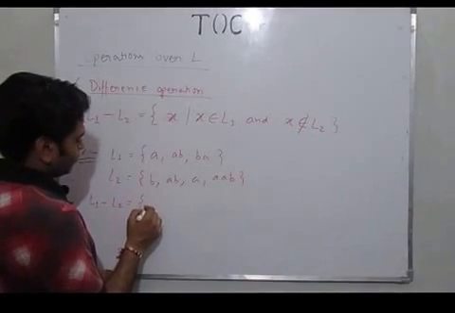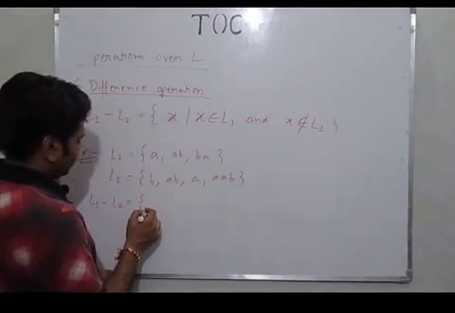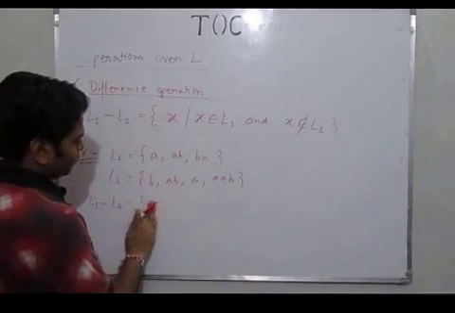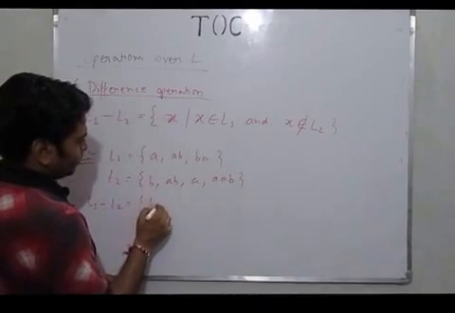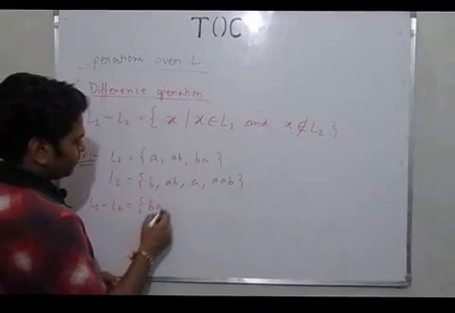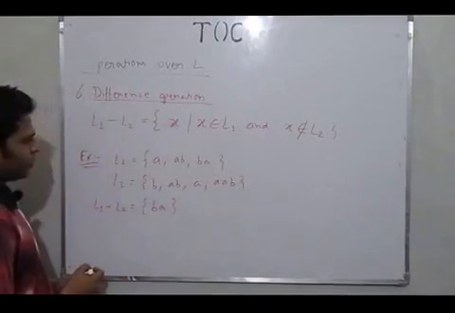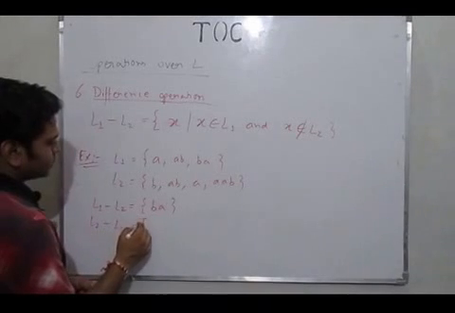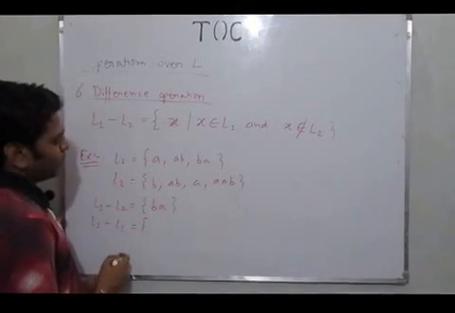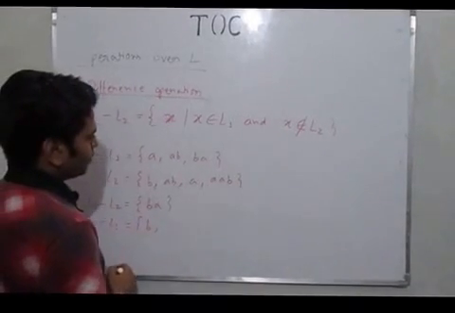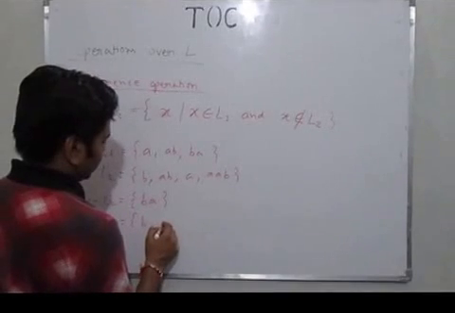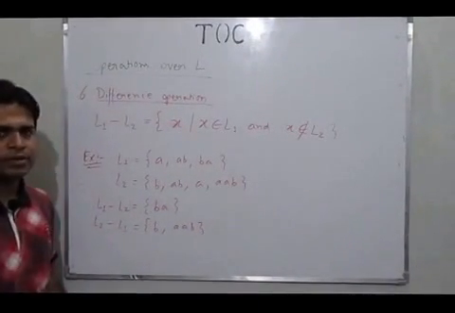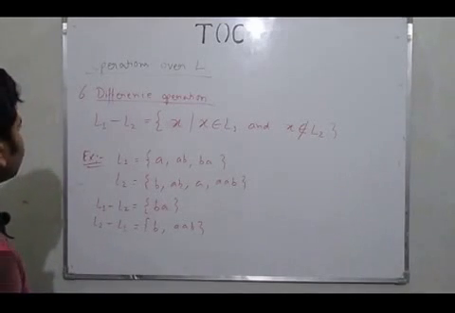We have AB, right? We would have BA, right? And if I take L2 minus L1, then the result would be we have B, we have AAB. Fine. It is very much clear. Fine. So let us move to the next operation.